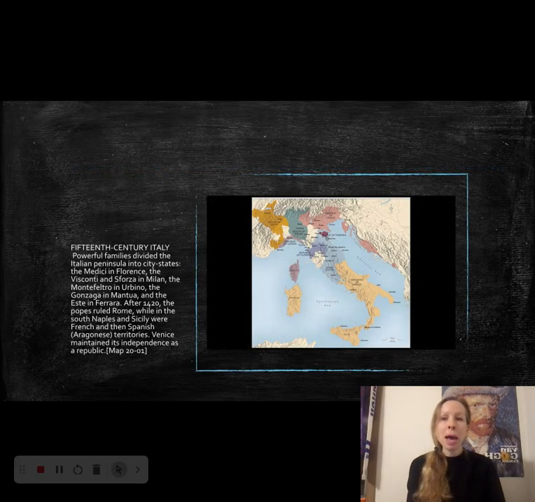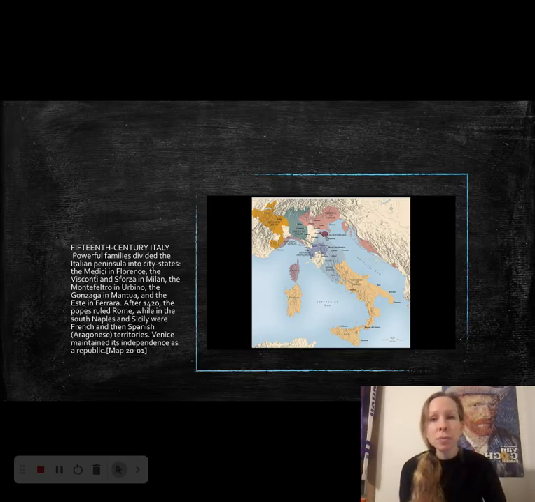So here's a map of 15th century Italy, and you can see that powerful families divided the Italian peninsula into city-states. The Medici family, super powerful, were in Florence. The Visconti and the Sforza in Milan, the Montefeltro in Urbino, the Gonzaga in Mantua, and the Este in Ferrara.